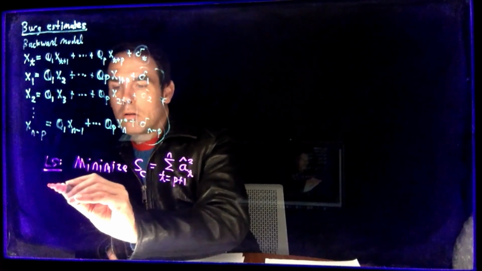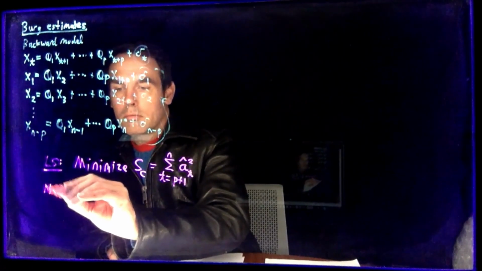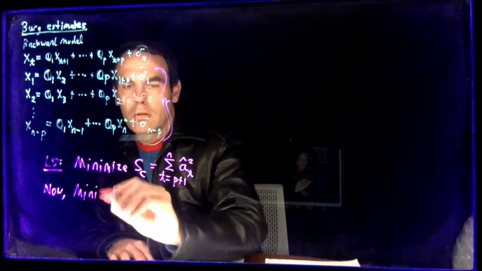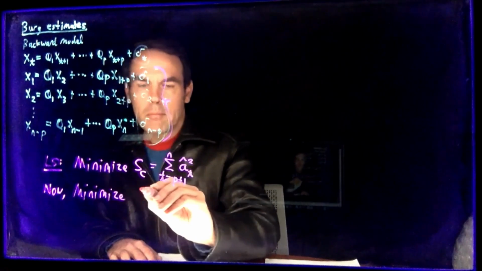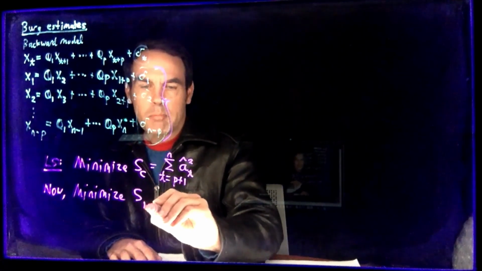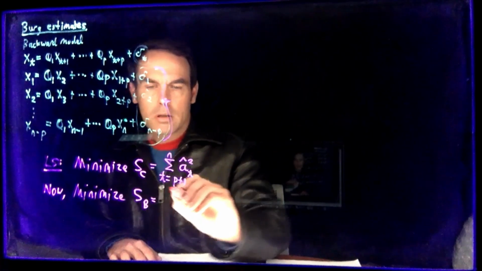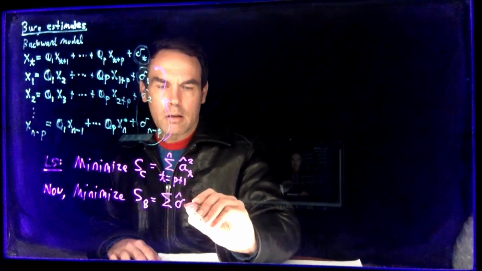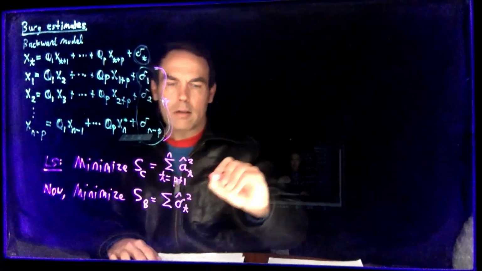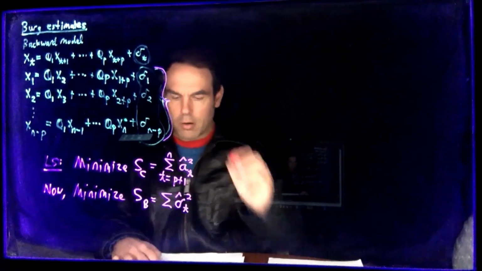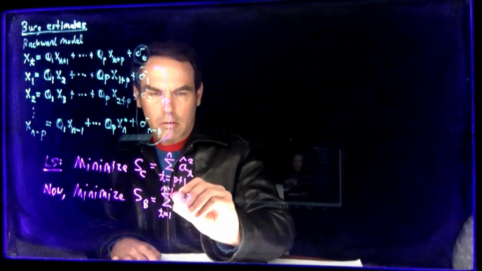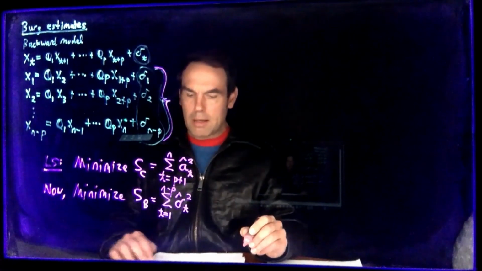Well, now what we'd like to do is minimize these. We'll give them a new name. We'll say SB for backwards. And we want to minimize the delta hat t squared, and those go from t equals 1 to n minus p.